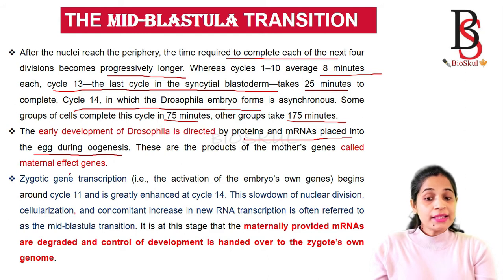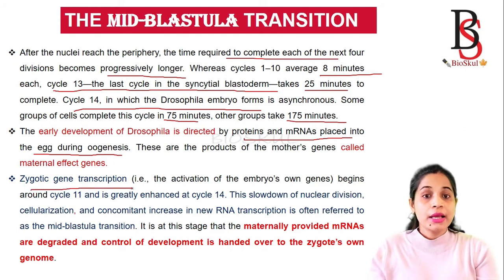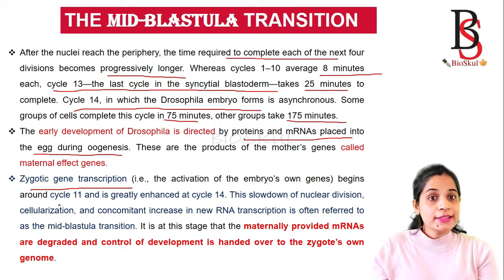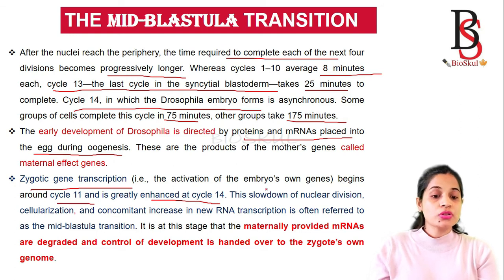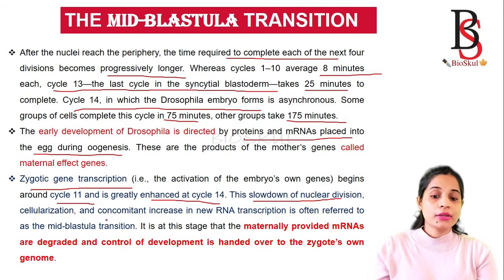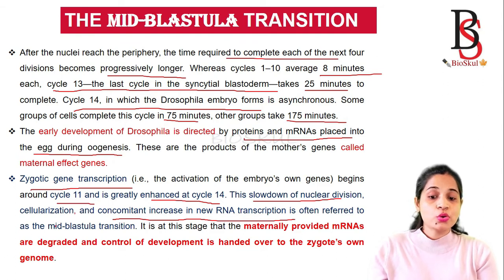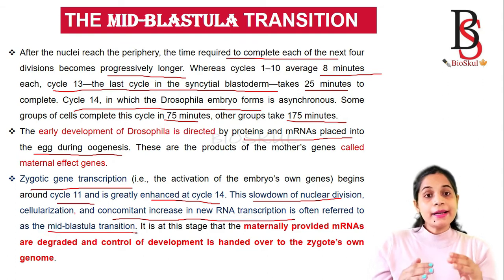Then zygotic gene transcription, that is the activation of the embryo's own genes, begins at the 10th cycle, and that is enhanced at cycle 14. This zygotic gene transcription slows down the nuclear division, with cellularization and a concomitant increase in RNA transcription. It is referred to as the mid-blastula transition.